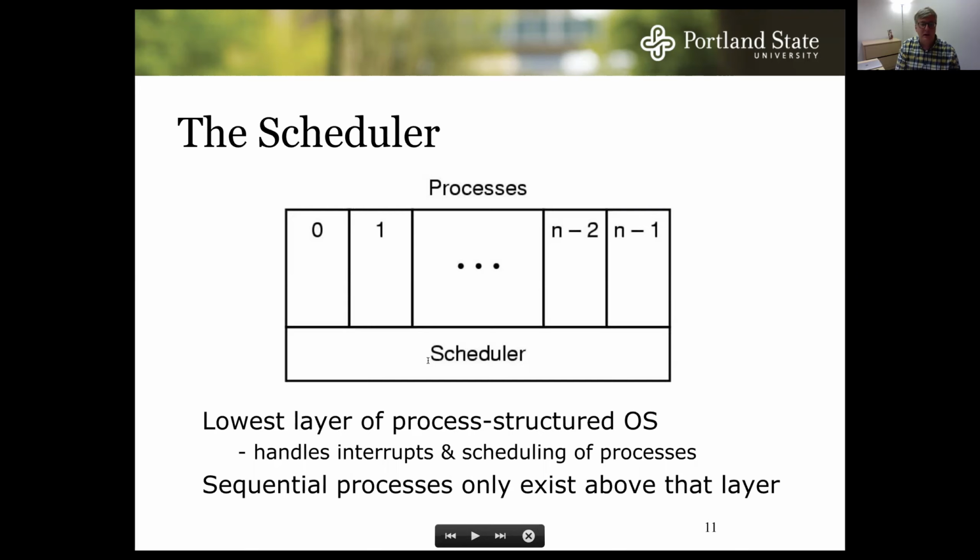This is the lowest layer of a process structured OS. It's the most basic functionality of an operating system, to schedule processes. It also needs to handle interrupts from external hardware devices. The process abstraction exists above the scheduler layer.